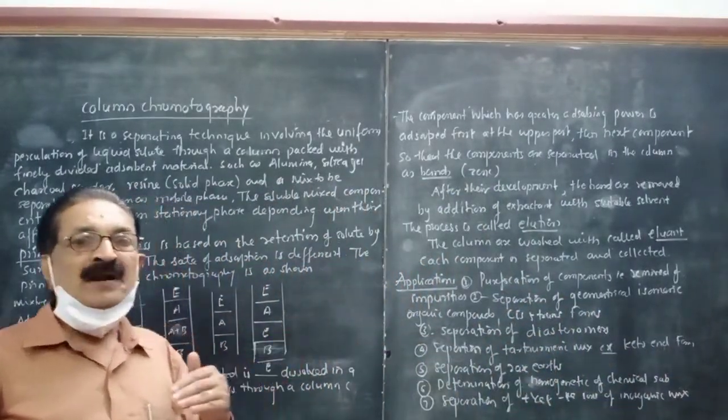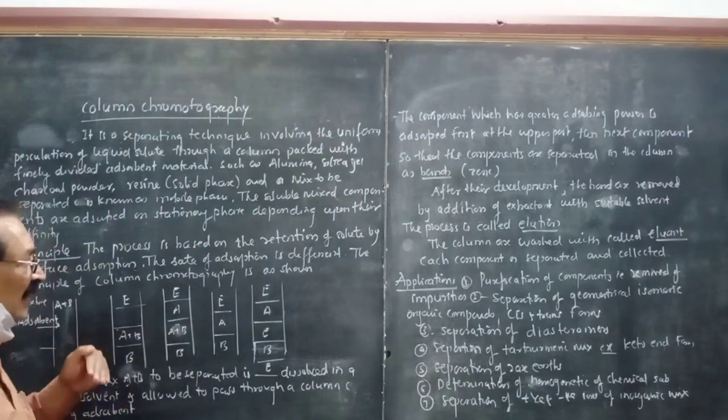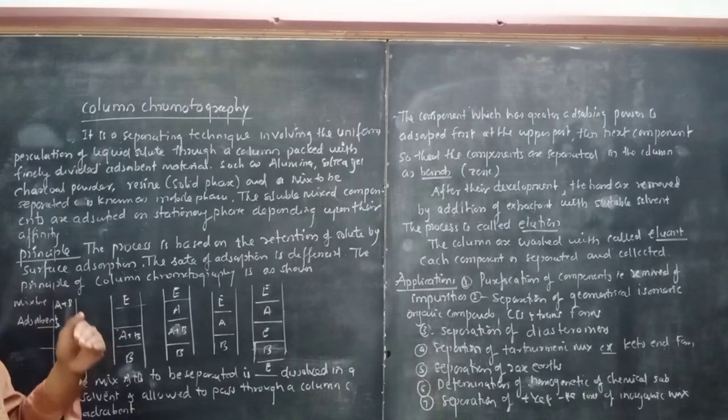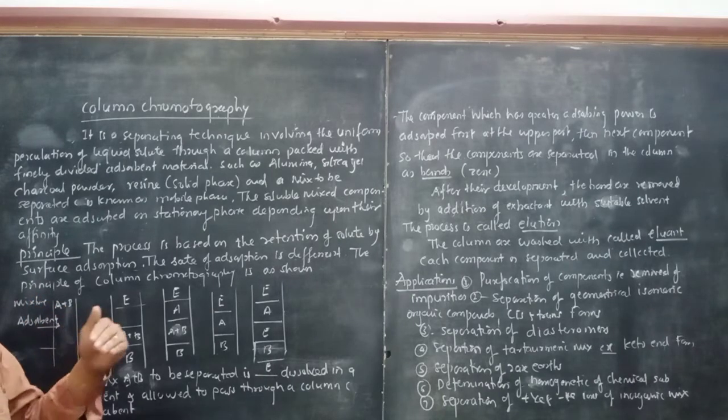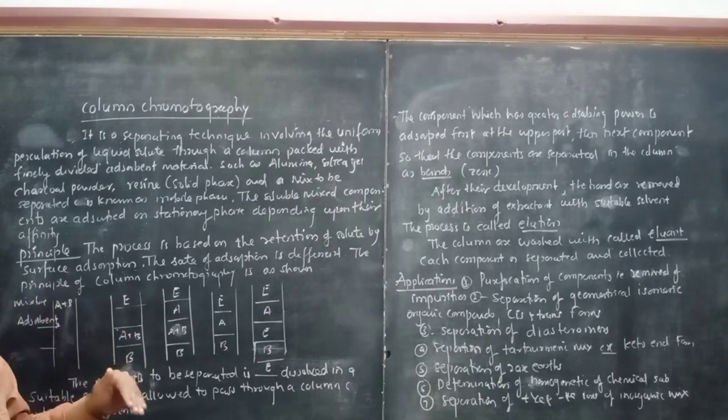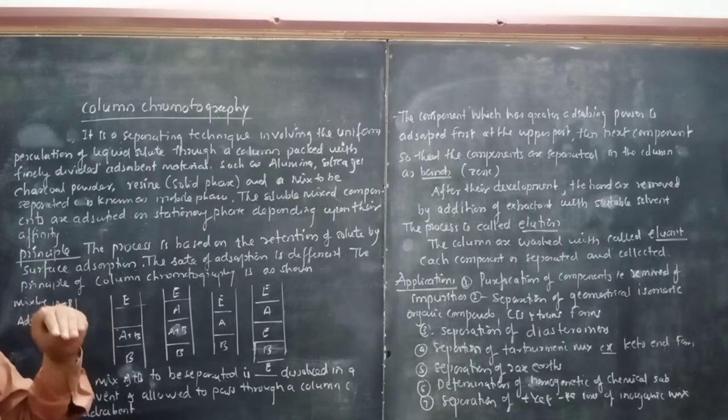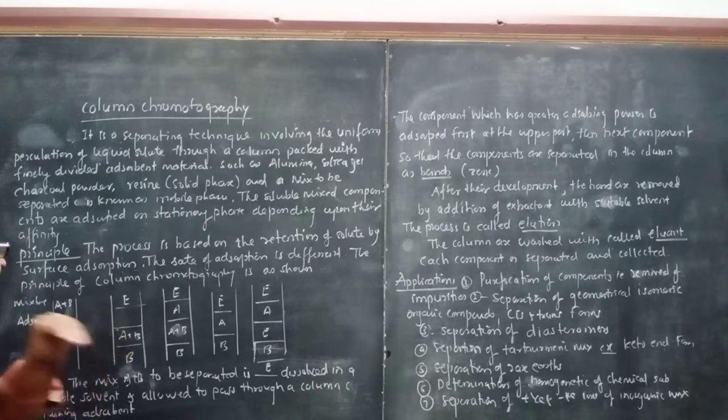Here, one point to be considered is the affinity of the components present, as they percolate through the column, that is, the stationary phase.